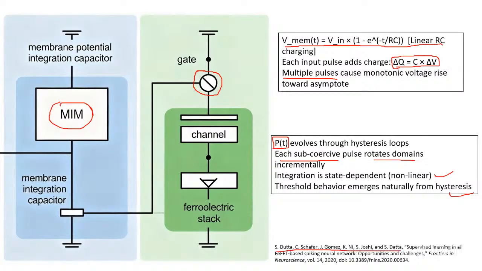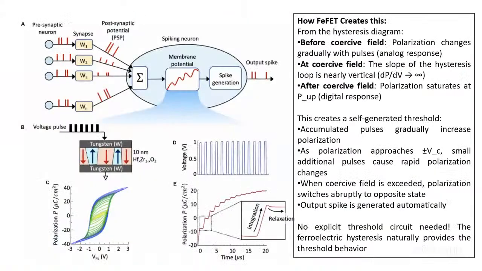Suman Datta is one of the authors, and his group is working on this particular area very aggressively. I have taken this next figure from this paper. I could not keep the reference here because of a lot of things on the slides. So if you see what will happen here, there is a set of presynaptic neurons.